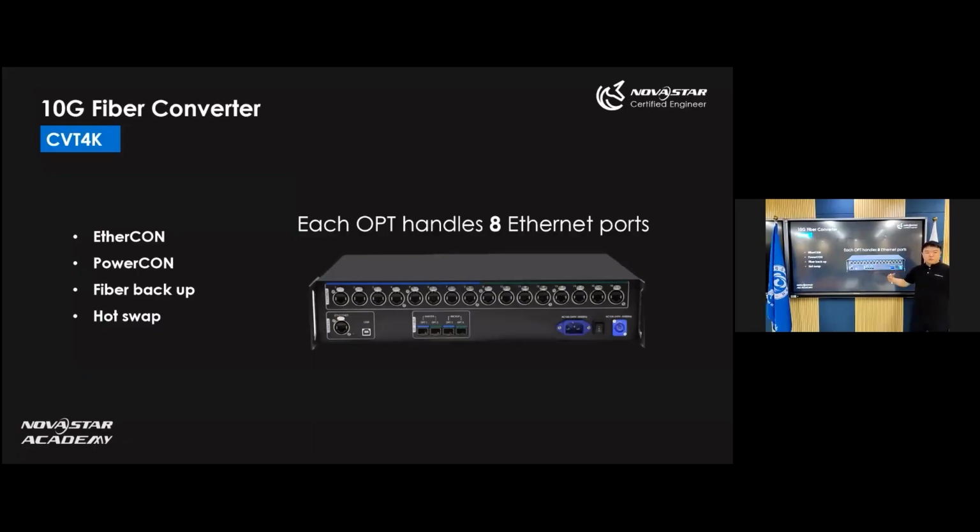Each optical fiber supports transmitting 8 Ethernet output ports. And we have the master channel, and we also have the backup channel. So totally, with one CVT4K, we can convert 4K screen resolution data. So the sending card we can use is the MCTRL4K, and for the receiving side fiber converter, we can use the CVT4K. The structure will be like this.